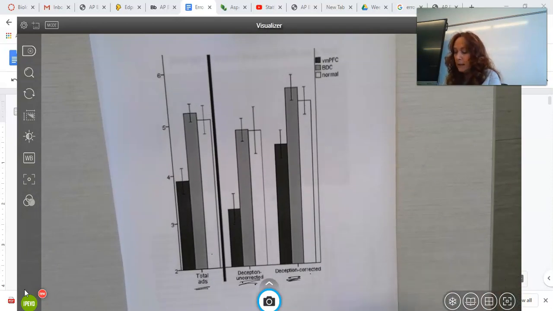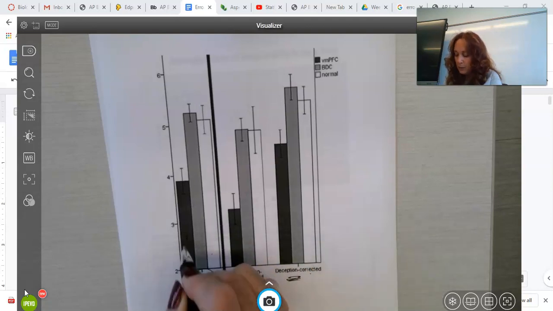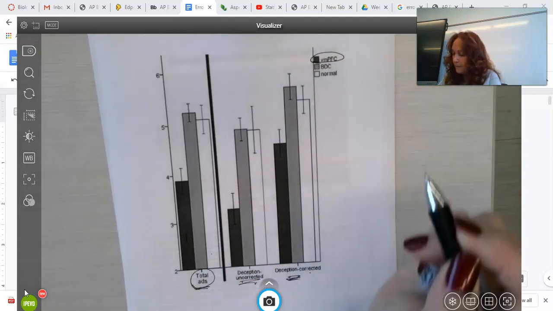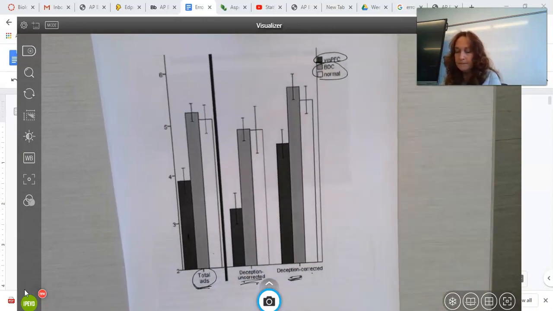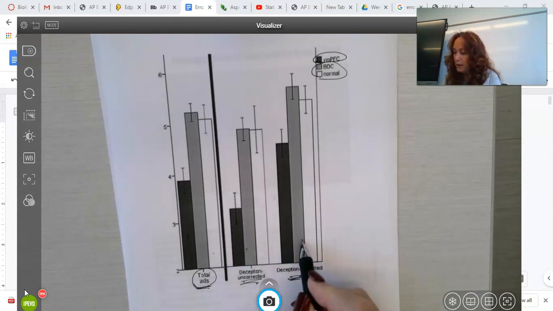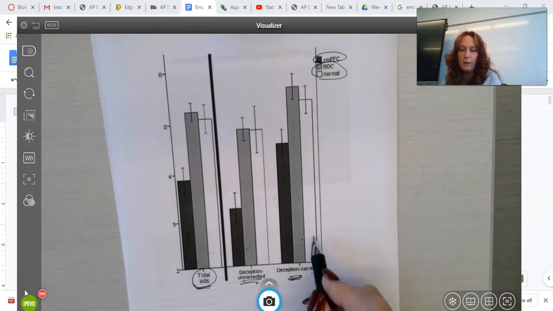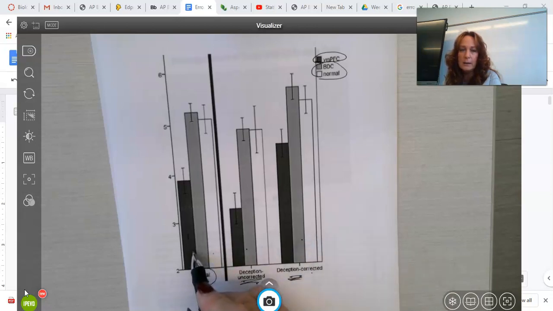What I can tell you is when it comes to total ads, there is a significant difference in what this is, this VMPFC, compared to the other 2. So that would be the difference. And in here there is, and in here. So across all of this, this is significantly lower.